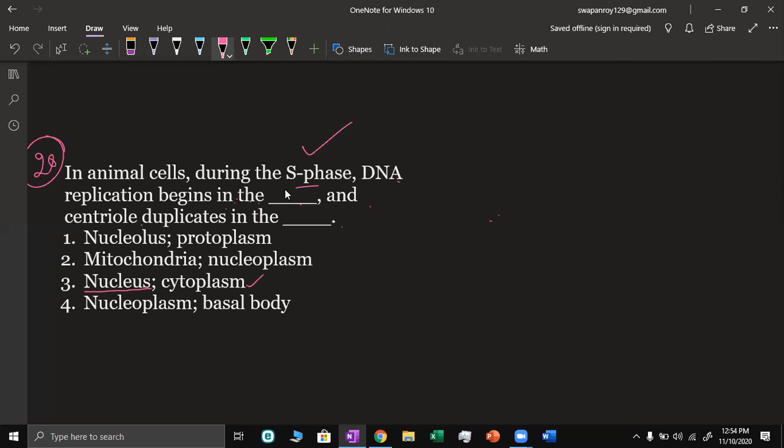So the first one will be nucleus and the second will be cytoplasm.